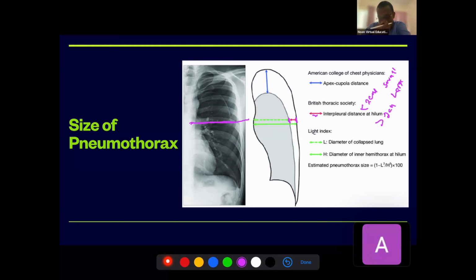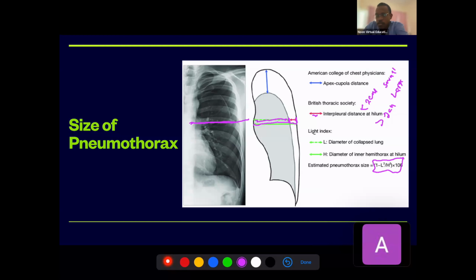This is so easy. There is another equation called the light index. This measures the collapsed lung diameter here, and then the diameter of the whole thorax. And there is an equation.